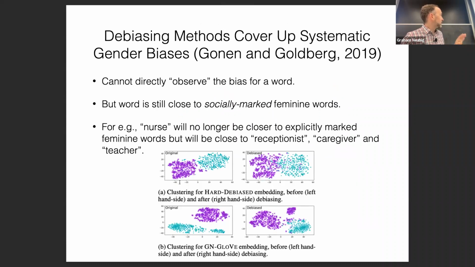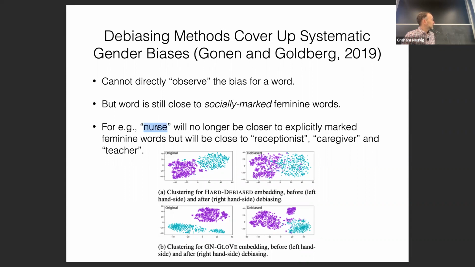So with that caveat, I'm still going to talk about this last slide. And basically what this last slide demonstrated is that even after you do these debiasing methods, there are still issues with, for example, a supposedly non-gendered word still being closer to socially marked feminine words.